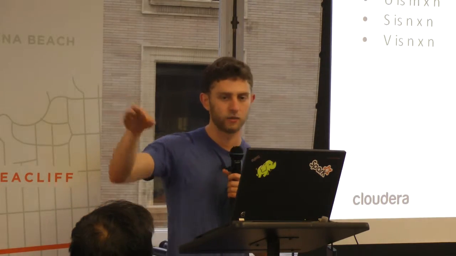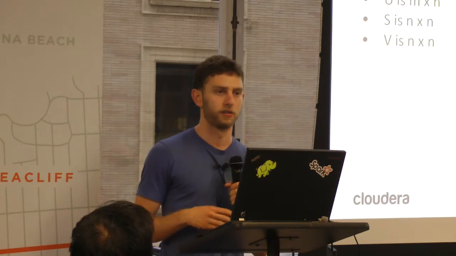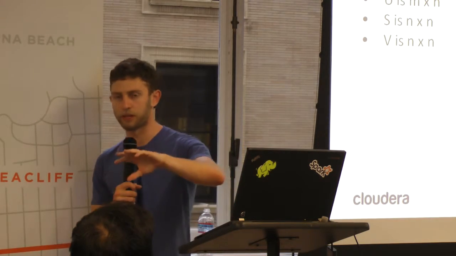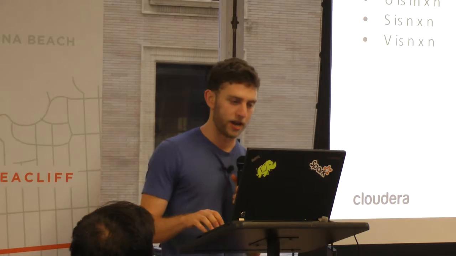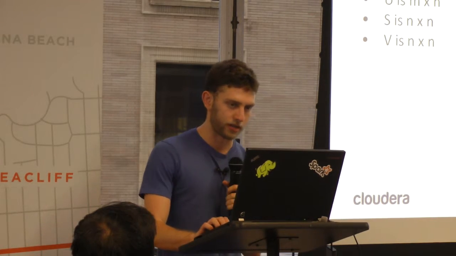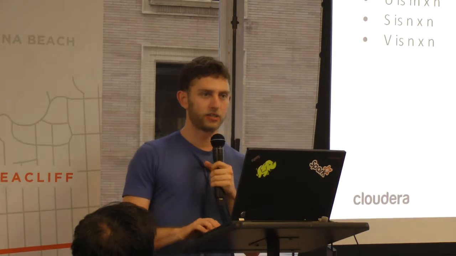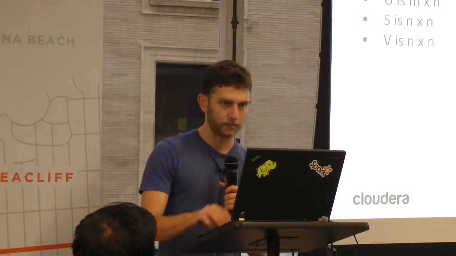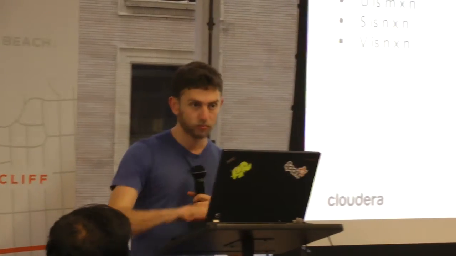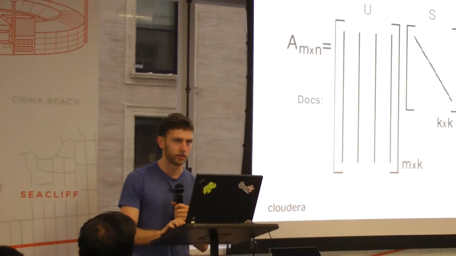So assuming that n is the number of terms and that's smaller than the number of documents, we have this matrix U, which is m by n. We have this matrix S, which is n by n, and we have a matrix V, which is n by n as well. So what does this actually look like?